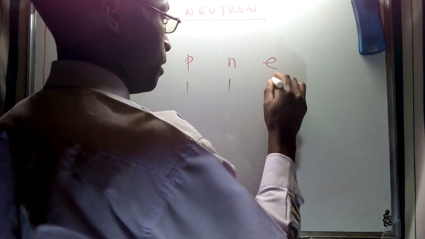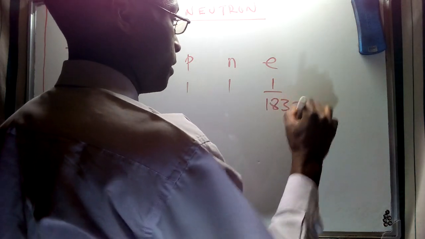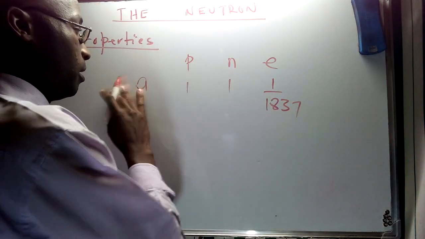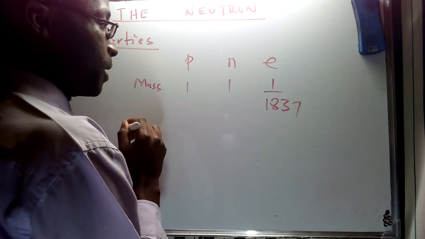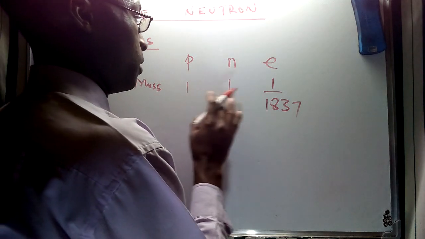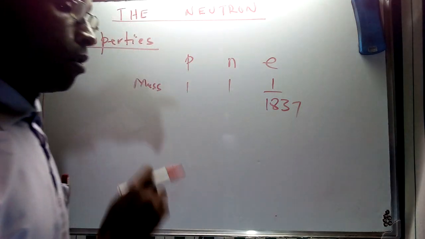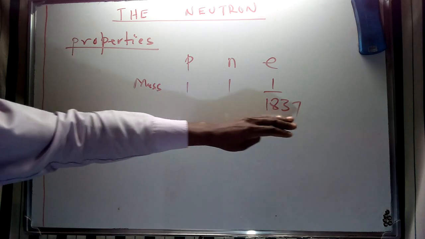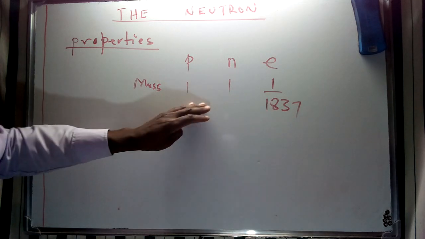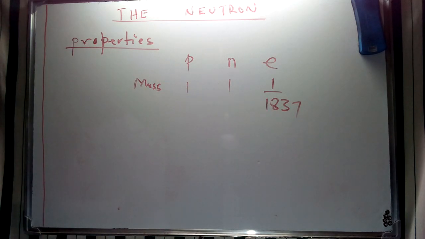But insofar as mass is concerned, there's a unique way in which we can describe the ratio of the masses of protons, neutrons and the electron. And we concluded that the mass of the atom is basically centered in the nucleus.